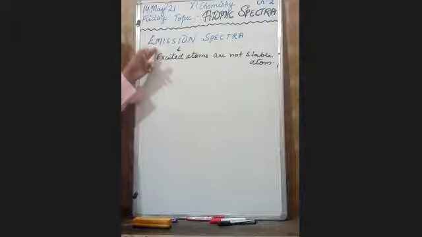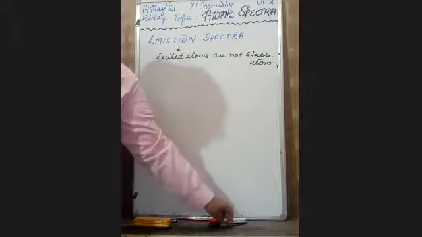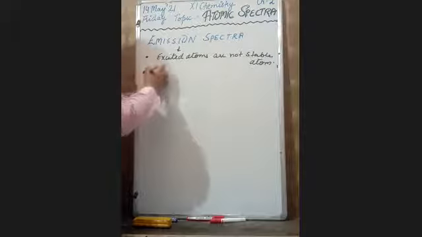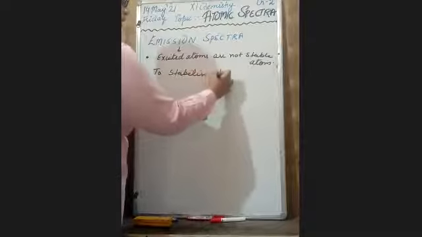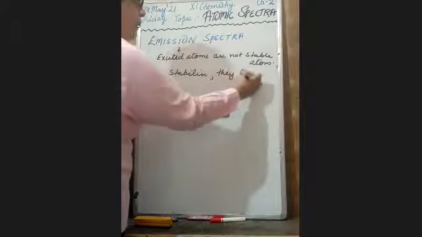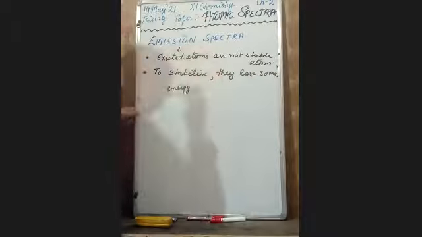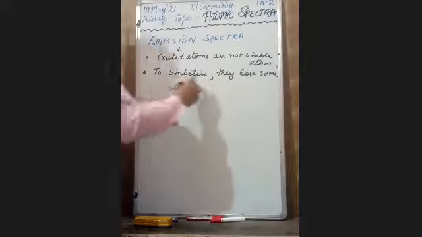This spectra is shown by those atoms, those states, in which the matter is present in the excited state. And excited atoms are not the stable ones. Important point: to stabilize, to convert into a stable state, they lose some energy by emitting radiations.